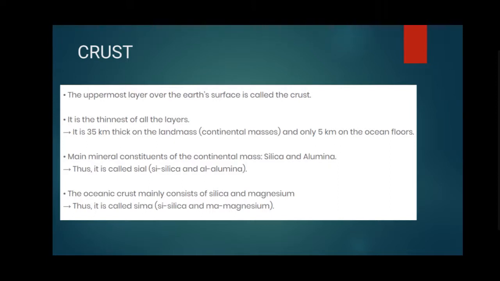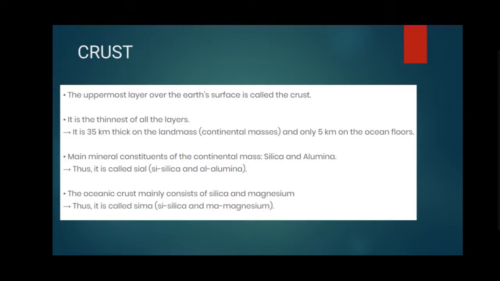This crust is divided into two: continental crust and oceanic crust. The crust below the continent is called continental crust, and the crust below the ocean is called oceanic crust. So it is 35 km thick on continental mass and only 5 km on the ocean floors.